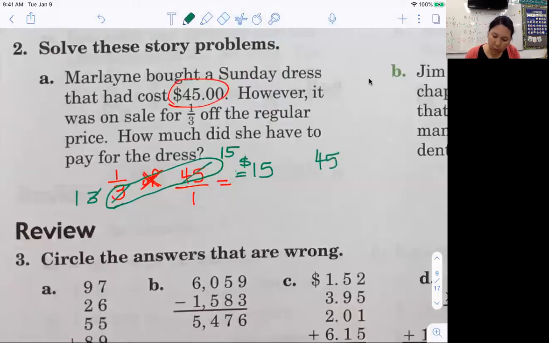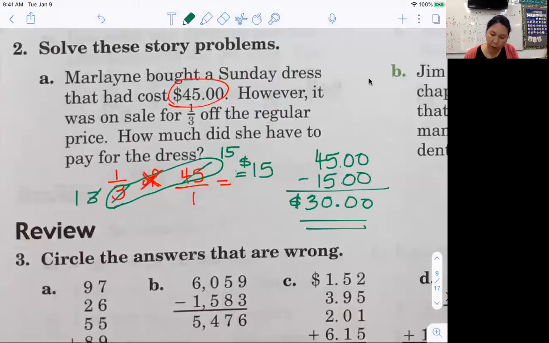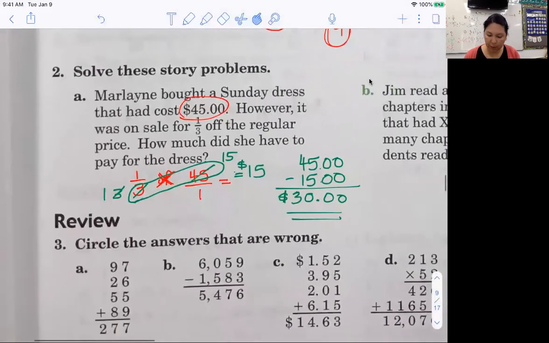So the dress was originally $45. She got $15 off because we figured that out with our multiplying of the fraction. And so now I can just subtract. What's 4 minus 1? 3. So she's ended up spending $30 for her dress. That is if she got 1/3 off. Okay, so it's still kind of an expensive dress there.